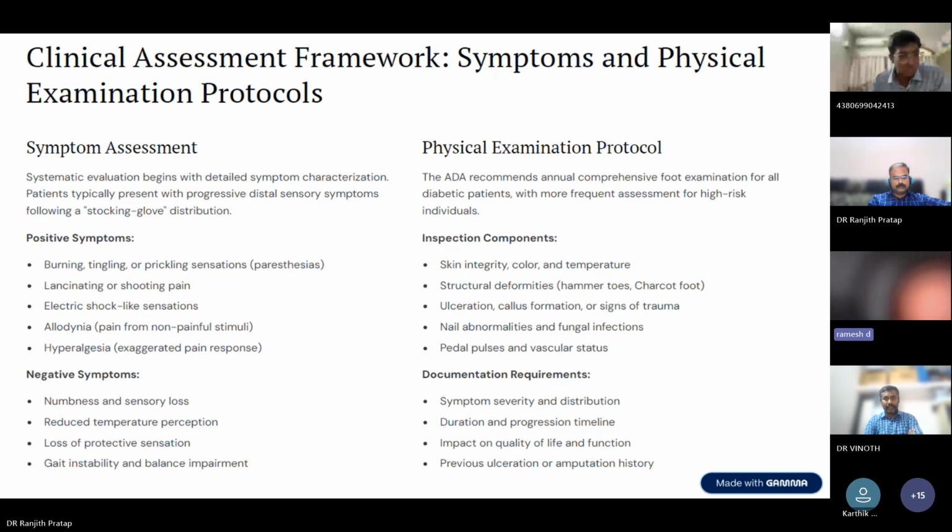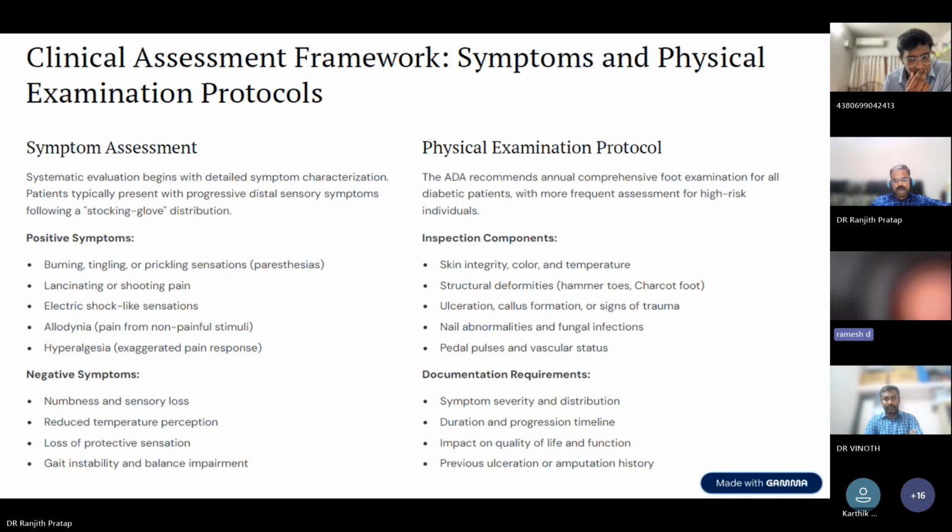The positive symptoms include burning sensation, tingling sensation, pinprick sensations, lancinating or shooting pains, electric shock-like sensations, and pain from non-painful stimuli, that is allodynia, and hyperalgesia. These are the positive symptoms. Negative symptoms include numbness and sensory loss, reduced temperature perception, loss of protective sensation, gait instability, and balance impairment. The most common form of diabetic neuropathy is the glove and stocking distribution.